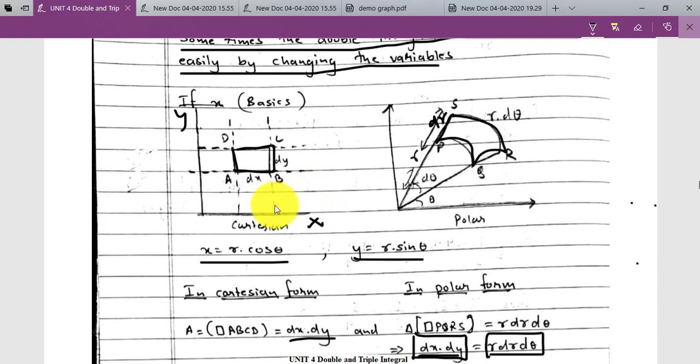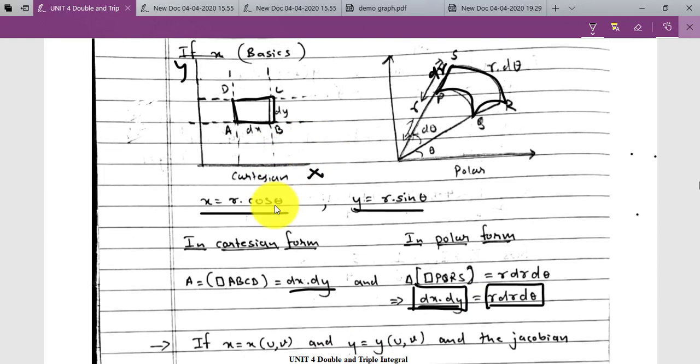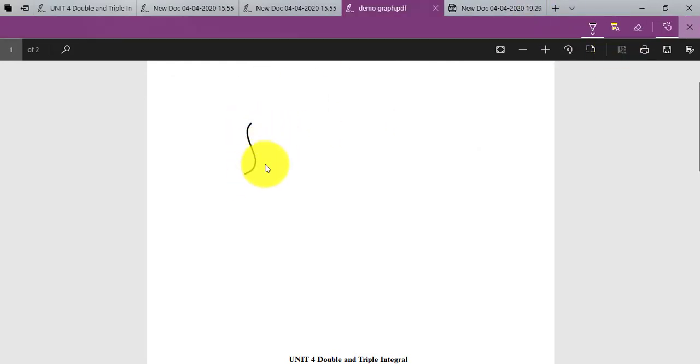So dx dy can be written this way whenever we are changing the variables for a double integral, that is x and y. Now, just like substitution in single integration: for the integral of f of x dx over the limits a and b, you want to convert the variable x in terms of t.